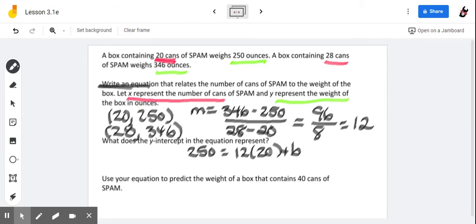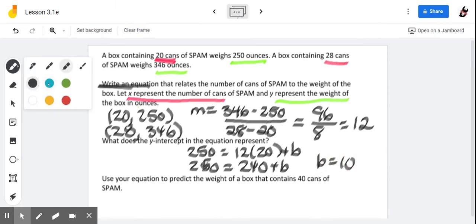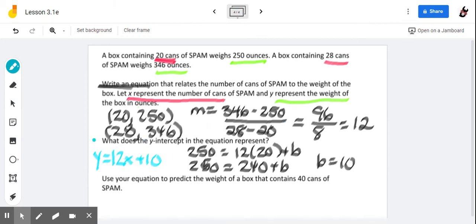All right. 12 times 20 is 240. And when I subtract 240 from both sides, I get that b equals 10. That tells me that my equation then is y equals 12x plus 10. So there's my equation.